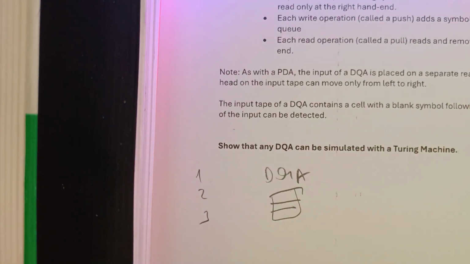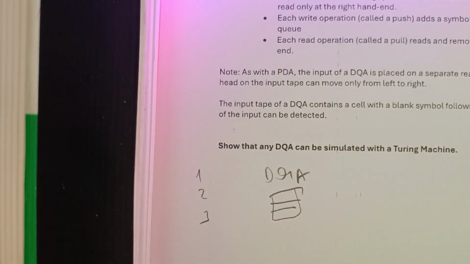This was the first step. I don't want to write the whole thing, I just want to mention it. The fifth step is that we move to this step, and the sixth step advances the input head to the right if there is more input.